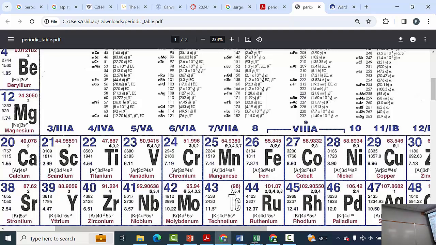Plus 2 and plus 3 are much more common. But plus 6 is the max. It's in group 6. And so for chromate, there's no perchromate like there is perchlorate. There could be, because it might be a peroxide, and so we might have 2 chromates joined together by a peroxide. But we'll talk about that in a minute.